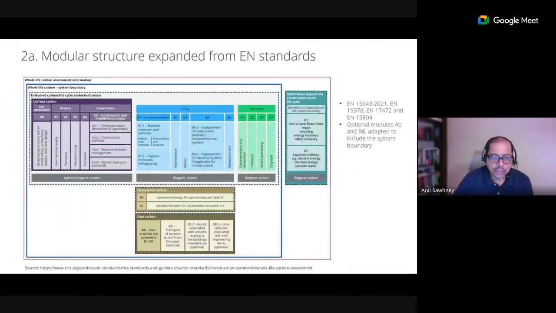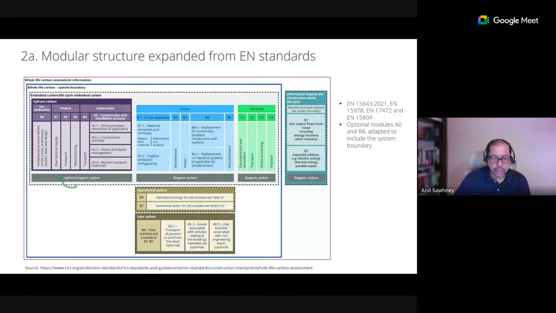So the modular structure we are going to follow for computations is the expanded RICS modular structure, which is adapted primarily from EN 15978, in which we broadly have our upfront embodied carbon, our in-use embodied carbon, our end-of-life embodied carbon, and upfront biogenic carbon.